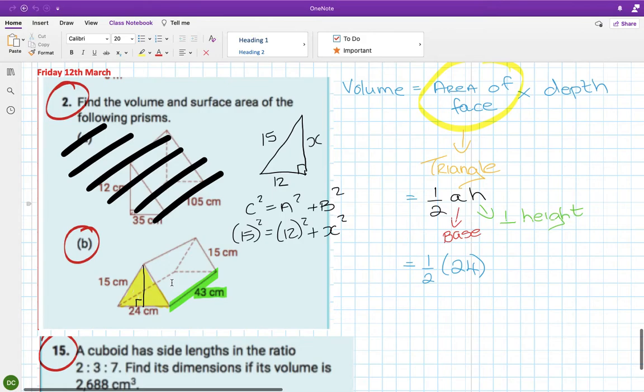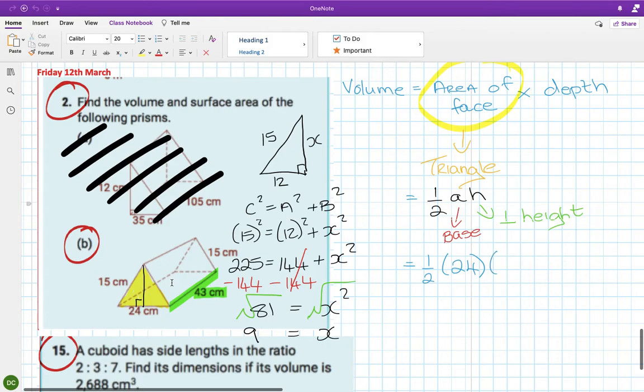So that is 225 equals 144 plus x squared. We minus the 144 to cancel it, and we minus the 144 for balance. So we have x squared is 81, and then we square root to get x is 9. So the perpendicular height is 9.